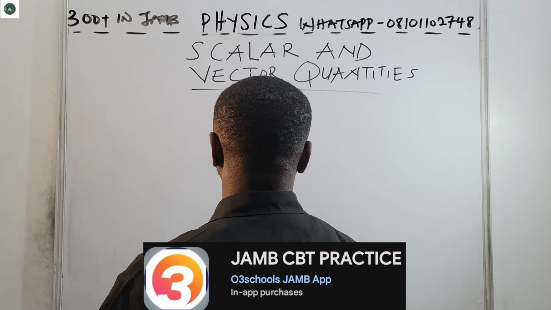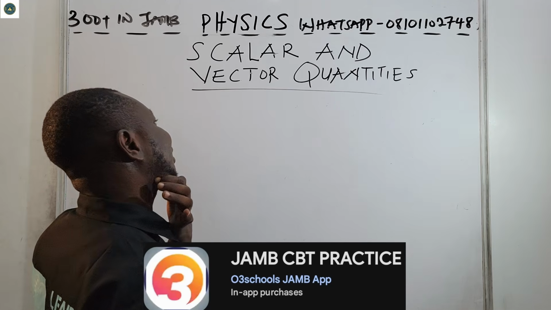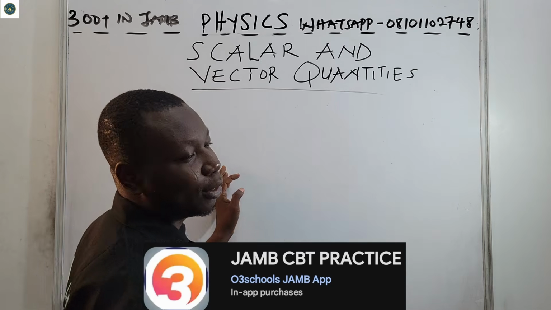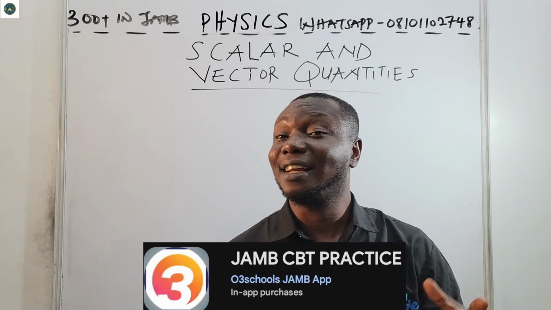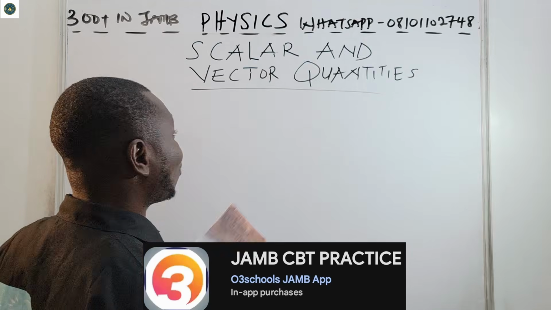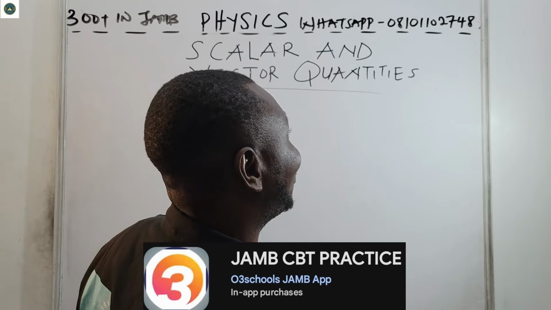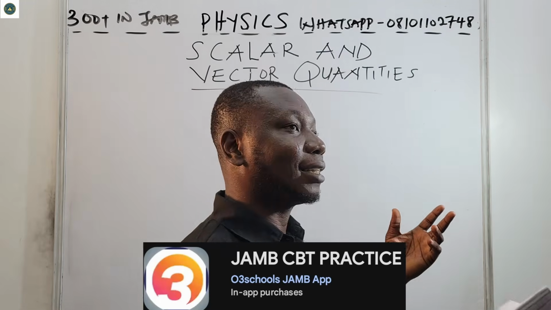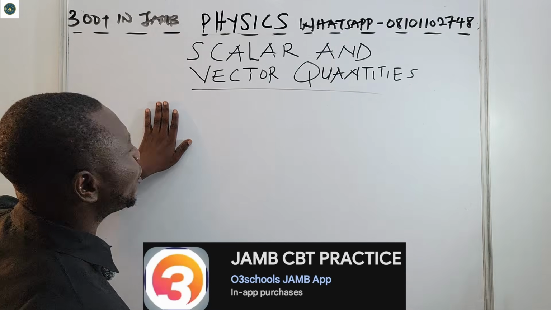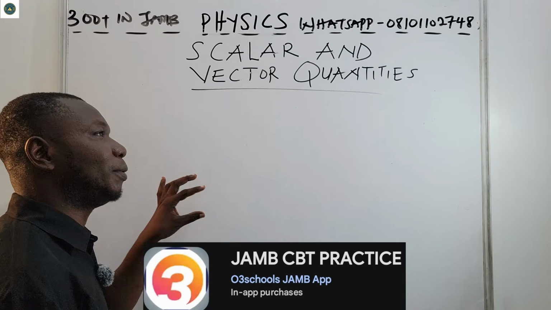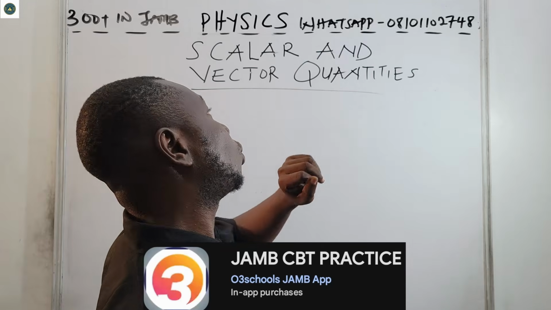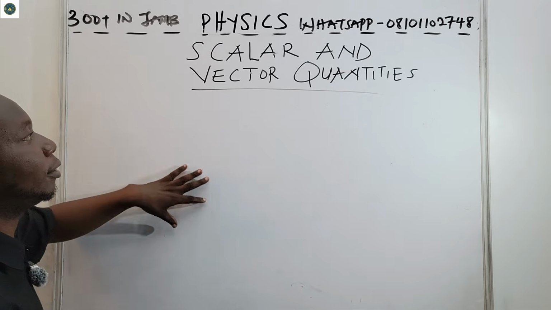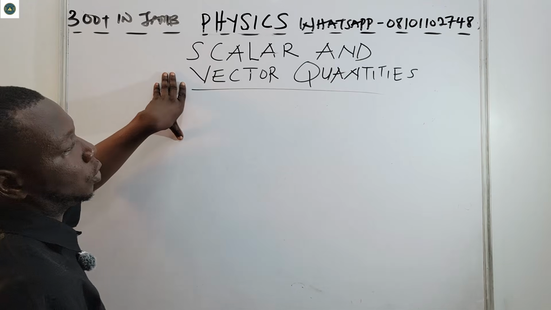All right. Today we'll be talking about scalar and vector quantities. From what we have been saying so far in the previous videos, we talked about position, distance, and displacement. We mentioned displacement as a vector quantity, so today we are going to see more on vector quantities.